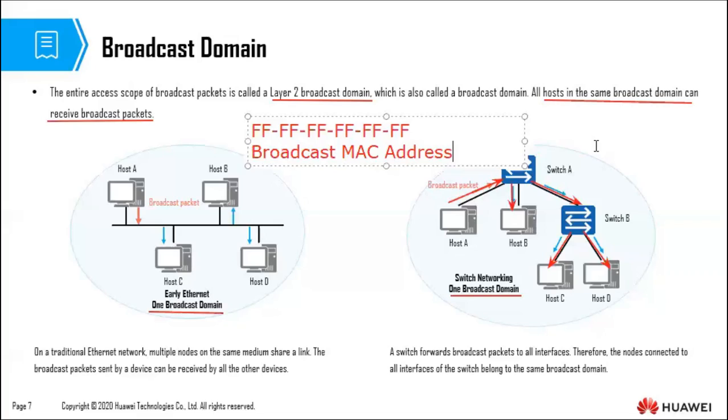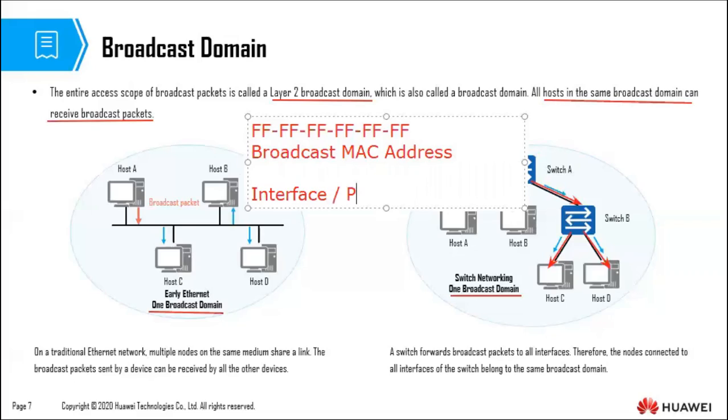And each network interface card gives us a port or an interface, what we call an interface, or sometimes we call it a port. This is normally provided by the network interface card, NIC, and the NIC will have a unique MAC address. So that is what we call a broadcast domain.